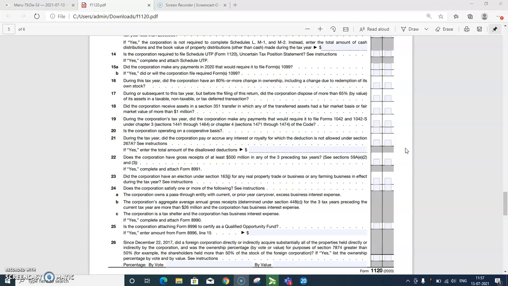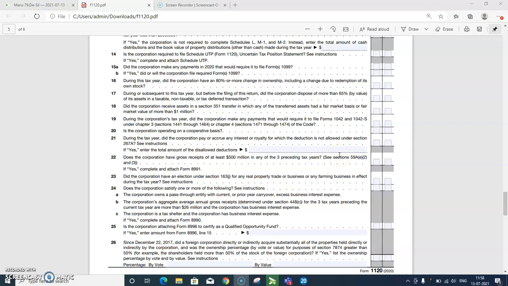Now coming to question 21. If the corporation paid or accrued, including through a partnership, any interest or royalty for which a deduction is not allowed under section 267A, check yes for question 21 and enter the total amount for which a deduction is not allowed. Now coming to question number 22.